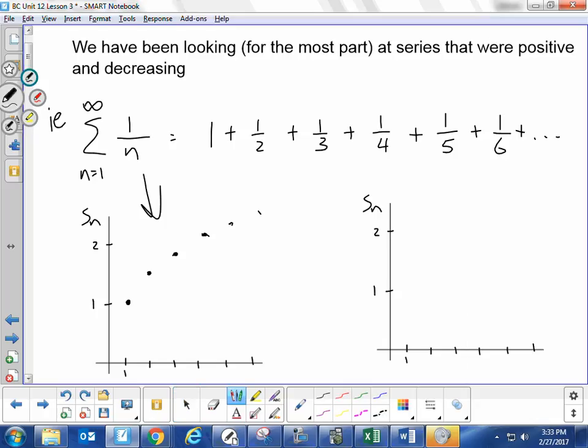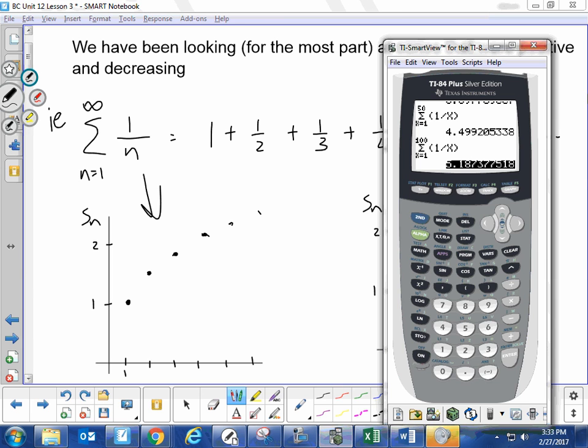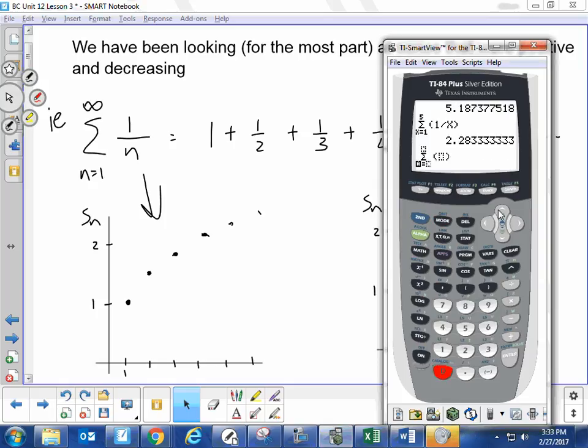But if we looked at 1 over n squared, you can see that there will be some limit somewhere where the partial sums will approach that limit. We can confirm that using our calculator, math 0. X starts at 1, goes to, why don't we just do 20 of 1 over x squared.